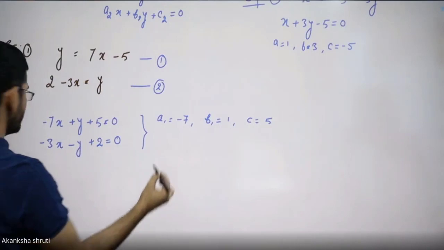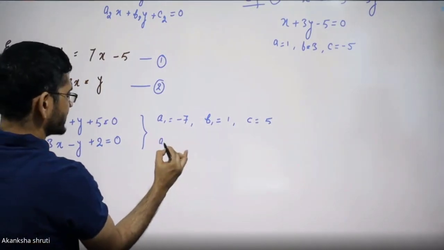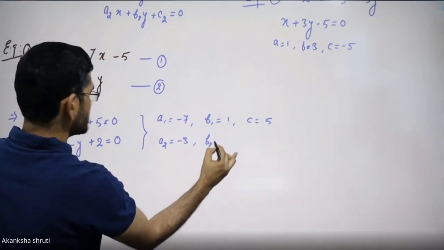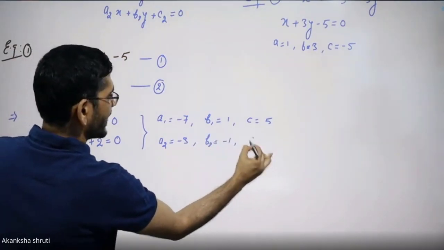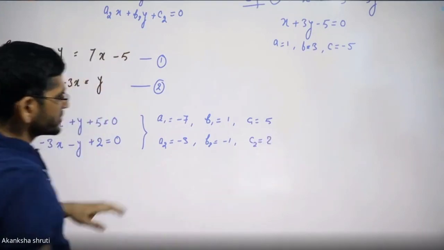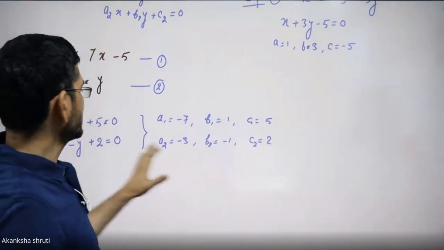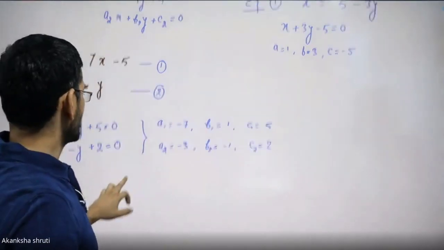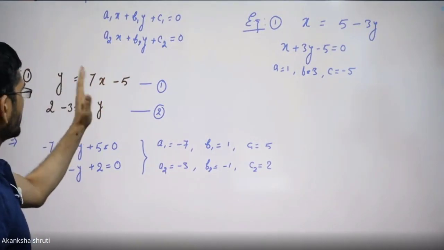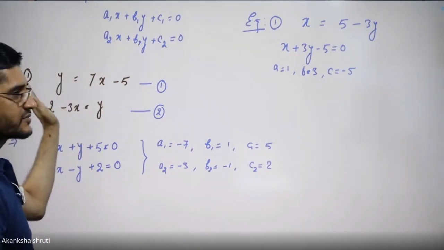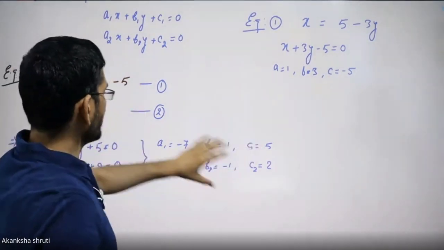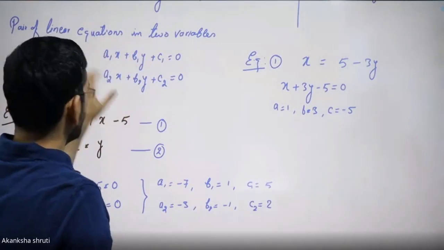For the second one, denoted as a2, minus 3, b2, minus 1, and c2 as 2. So this is the way of writing the coefficients and constants. Do not just randomly observe the equation and write 1, 2, 3, 4. No, all of them should be on the same side, either on the left hand side or on the right hand side. So this is the way of understanding it in the standard form and writing these coefficients.